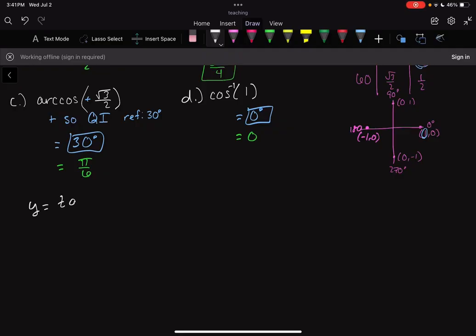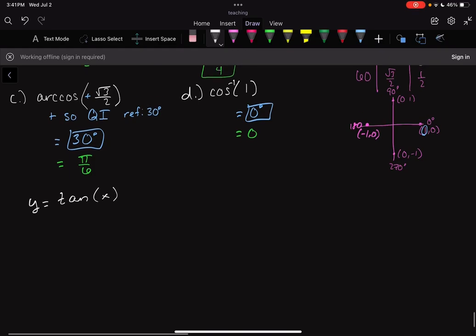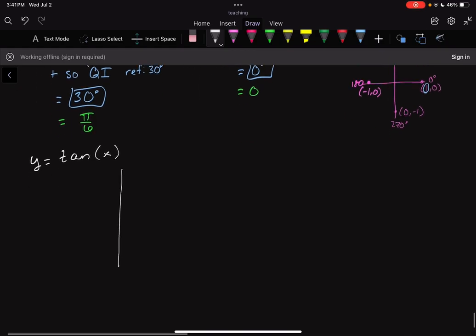Next, we're going to look at tangent. So the normal graph of tangent that we look at, so pi over 2, pi, 3 pi over 2, 2 pi, 1, negative 1. That looks all right. So pi over 2 and 3 pi over 2 are actually asymptotes.